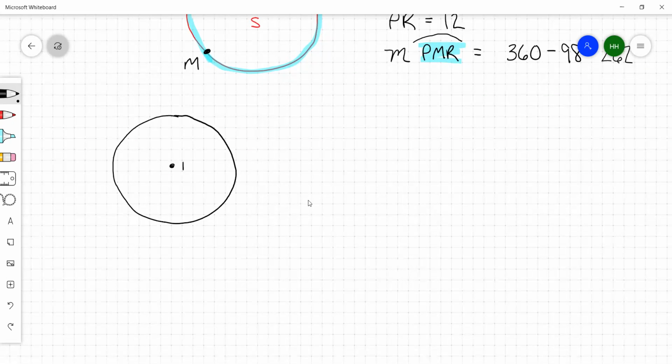All right, we got circle R right here. RU is a radius. And then we got this chord, TV. The chord and the arc intersect at 90.